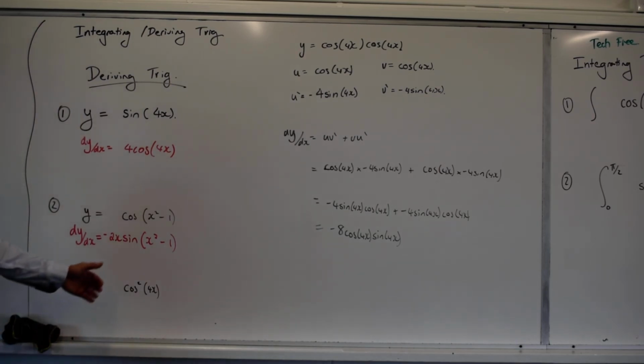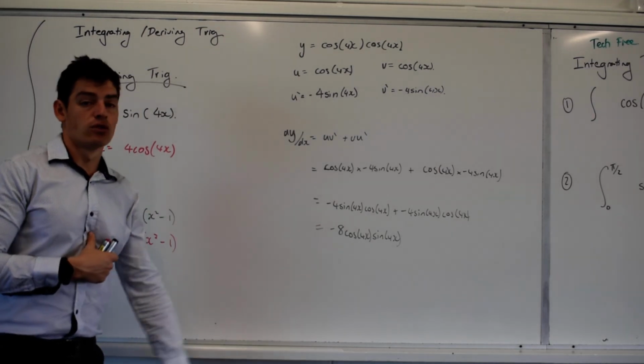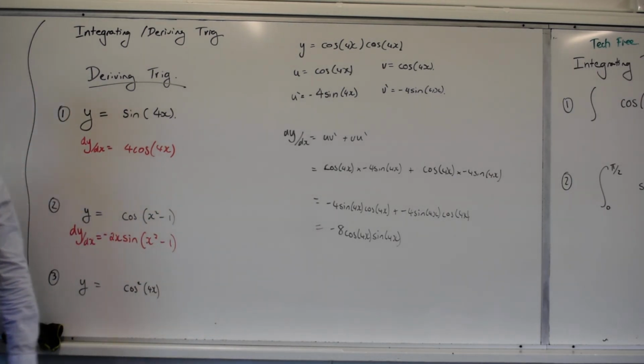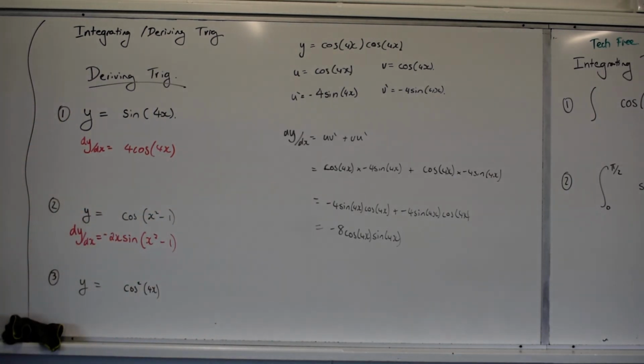So you would get 2 times negative 4 sine x times cos 4x, which is the same as that. Cool? So you can use either rule there. Very good. Happy with that? No dramas, we all got that 100% correct, and we can all derive trig functions.